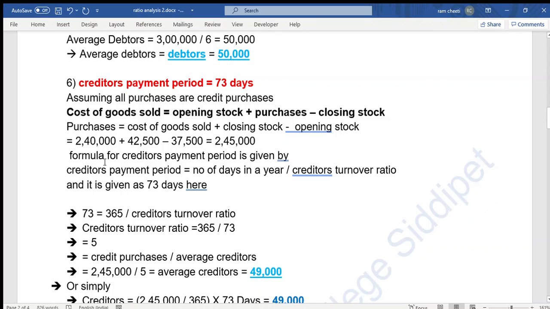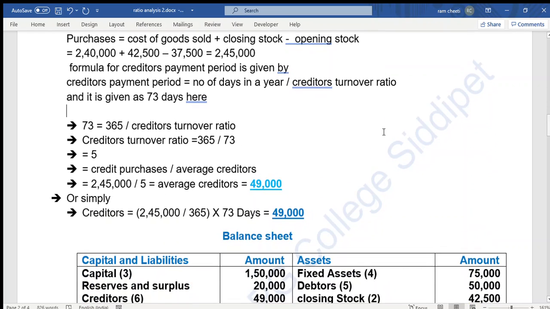And the formula for creditors payment period is the same, just like average collection period, that is number of days in a year divided by creditors turnover ratio. Here it is given as 73 days, just similar to our earlier calculation.